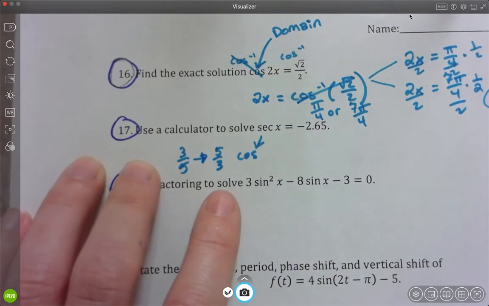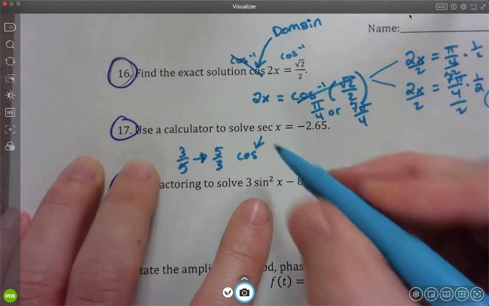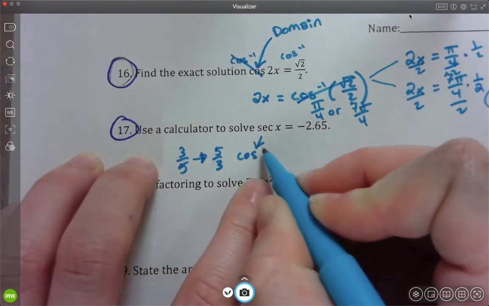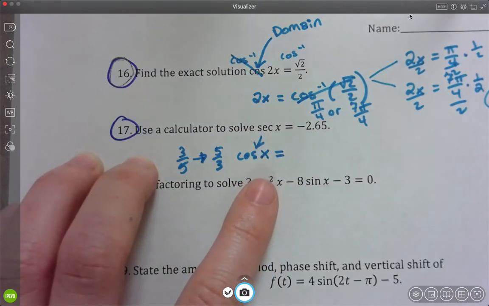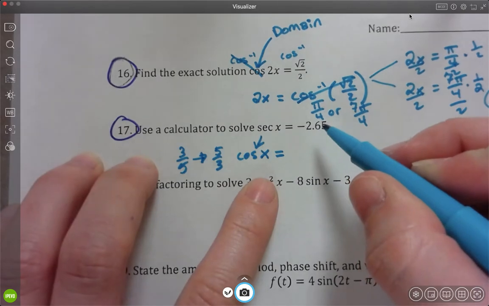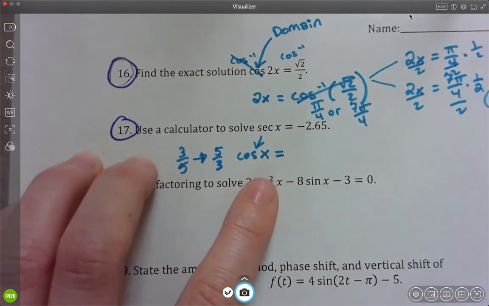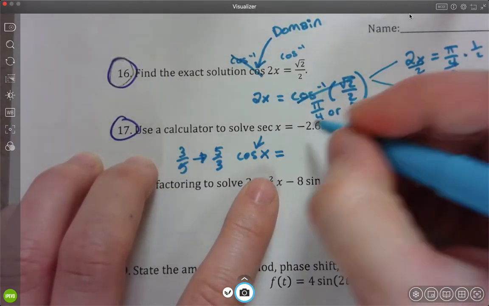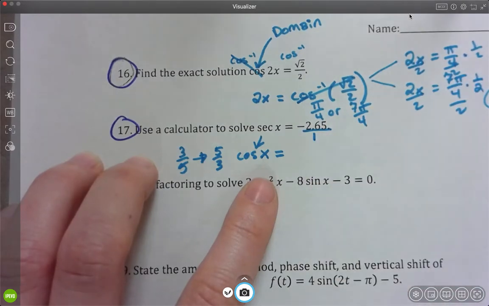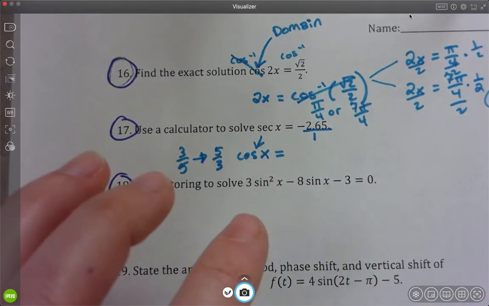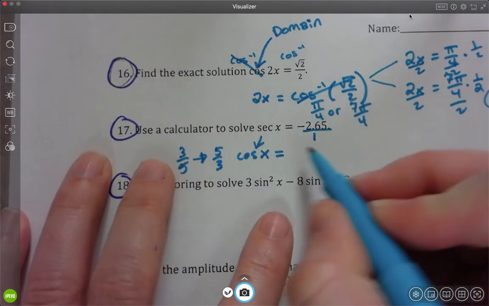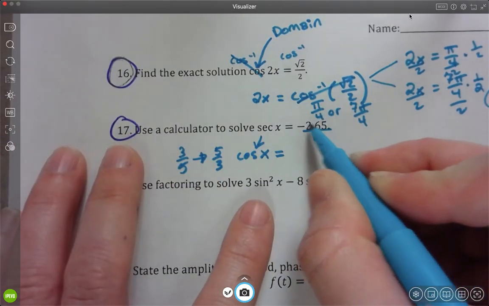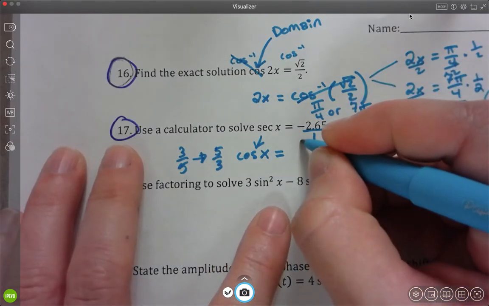So what I can do here is change the secant to cosine, and I say cosine of x, but what is the flip of negative 2.65? If you think about this as negative 2.65 over 1, which is kind of weird to think of, a decimal and a fraction existing together at the same time, but that's okay, this would be 1 over negative 2.65.